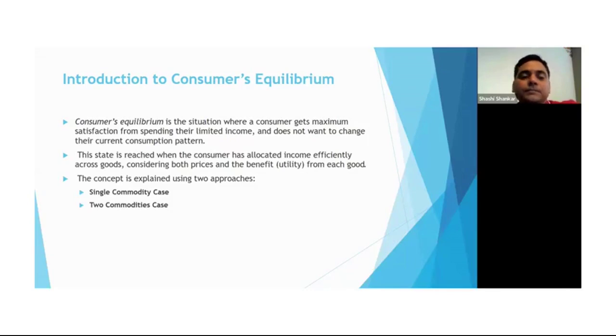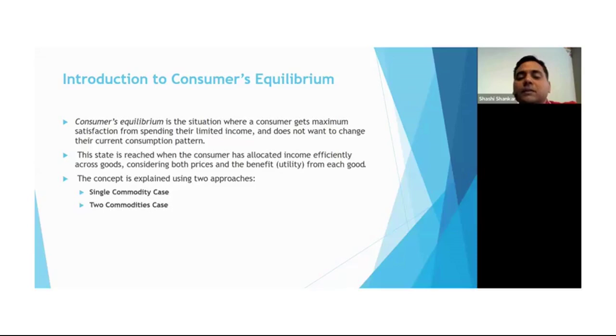All right. So this stage is reached when the consumer has allocated income effectively across goods. It is a kind of assumption: the consumer has allocated income efficiently across goods, considering both prices and the benefit.